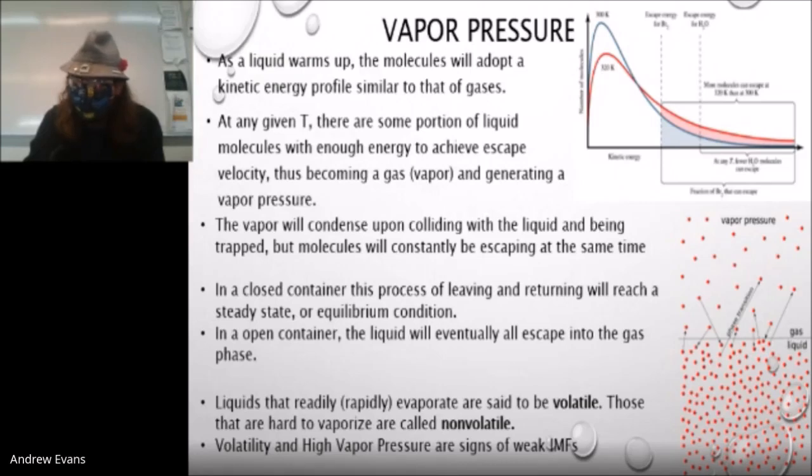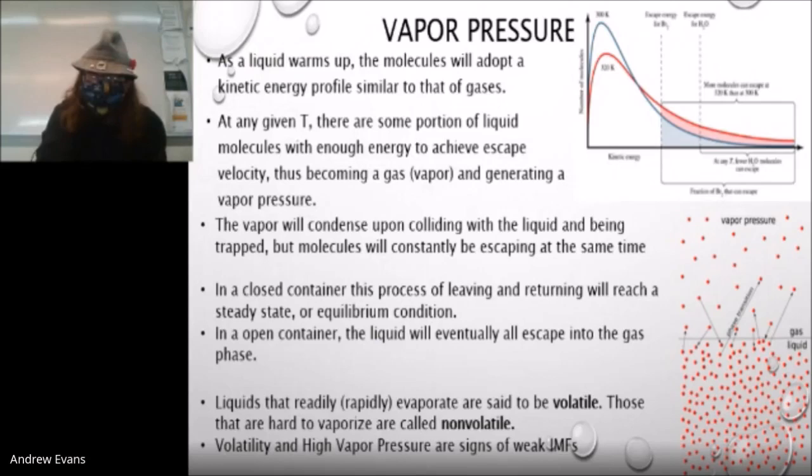If it's a volatile gas, it's easier to escape, and a non-volatile gas is going to hang around a little bit longer. It's a function of basically the intermolecular forces and temperature, because remember, the intermolecular forces are fighting with the kinetic forces to pull the liquid apart into a gas phase.